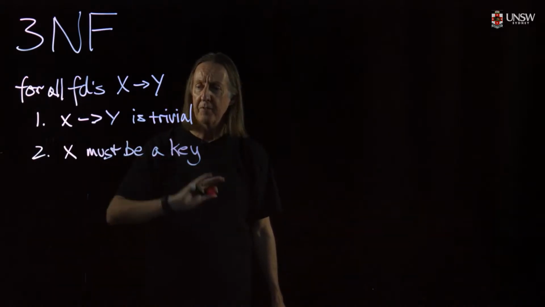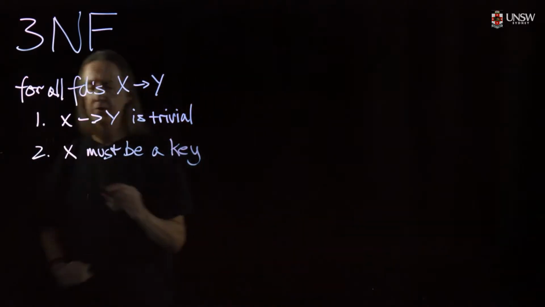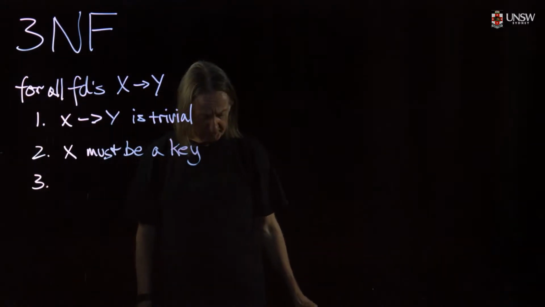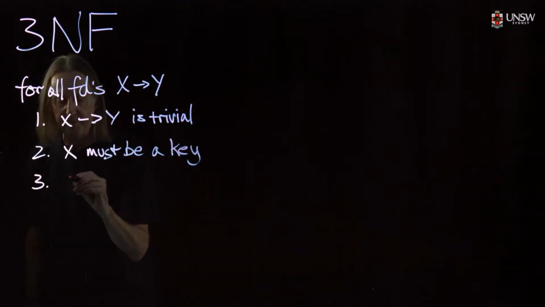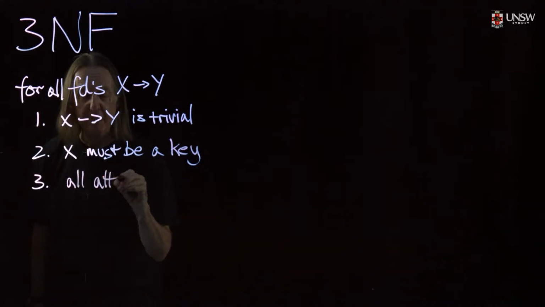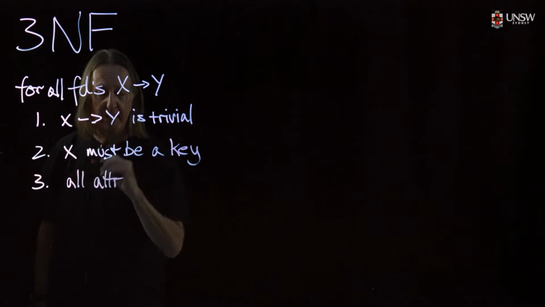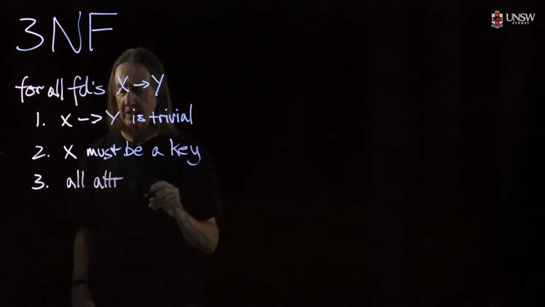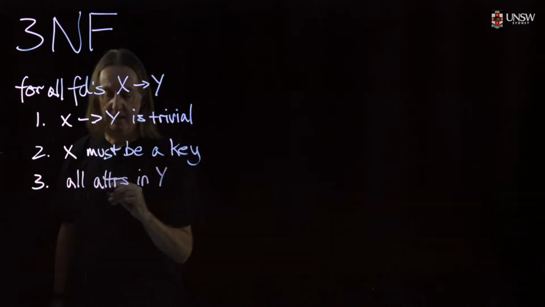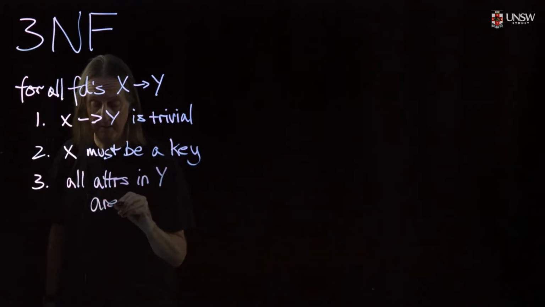Now, 3NF actually weakens that and allows you to have one more kind of possibility: even if X isn't a key, then all of the attributes in Y are part of a key.